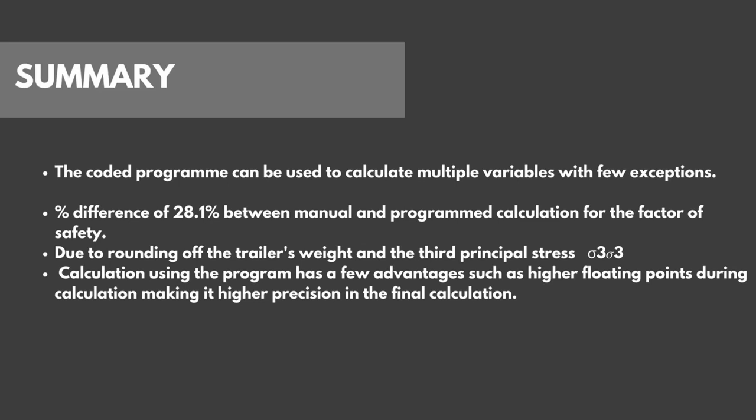The difference is due to the rounding off of the trailer weight and the third principal stress assumed to be 0. And the calculation using the program has a few advantages over manual calculation, such as by using the program we have higher precision in the final calculation due to higher floating point.